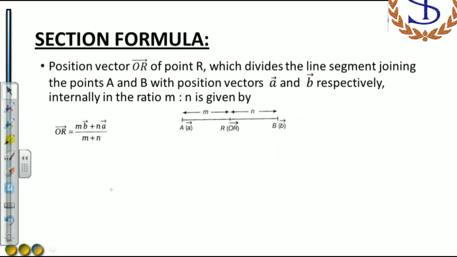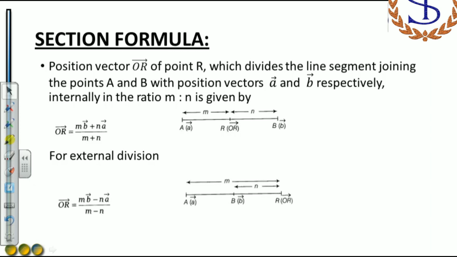But what do you mean by external division? Here A and B are the 2 points, and this third R vector divides AB in the ratio m:n externally, meaning the point lies outside AB.